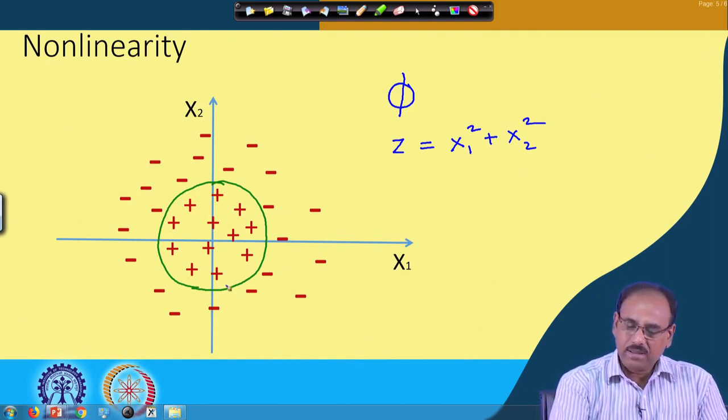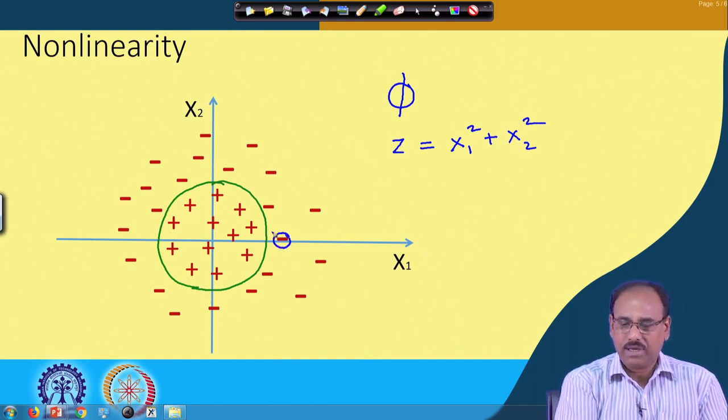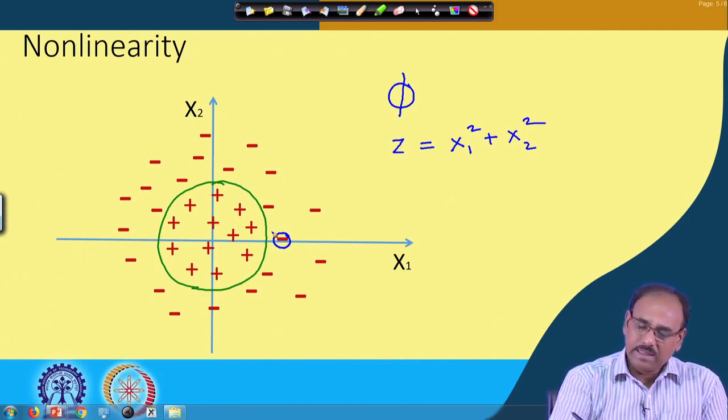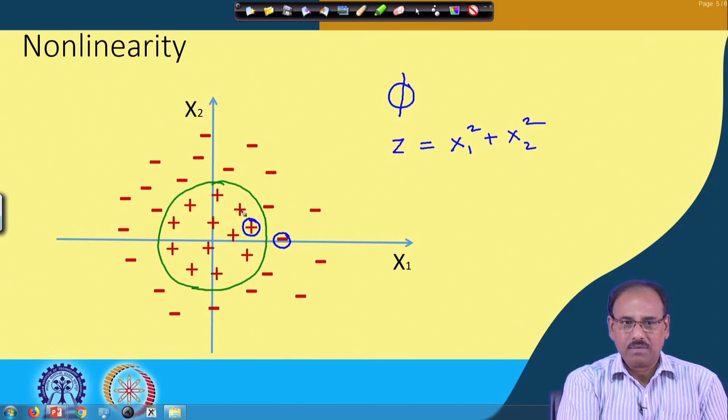So, if I do that, then for any feature vector which is outside the circle, the value of x 1 square plus x 2 square will be more than the value of x 1 square plus x 2 square for any feature vector which is within the circle.